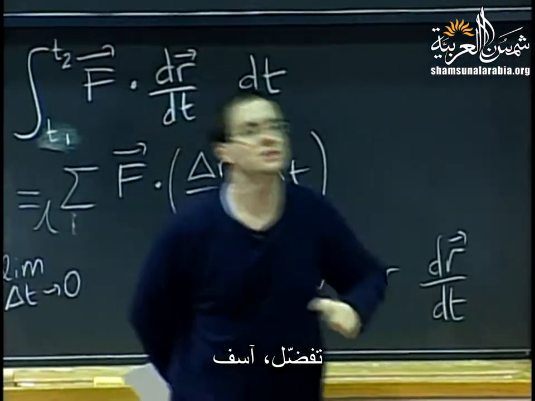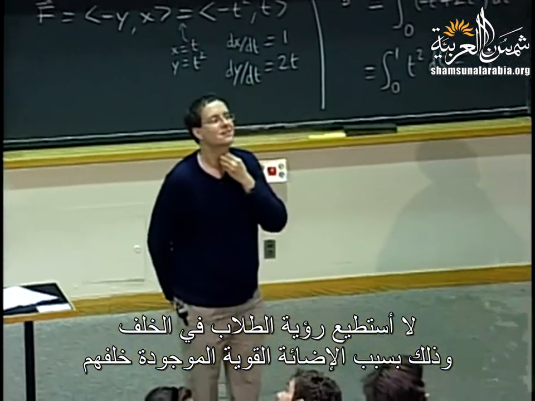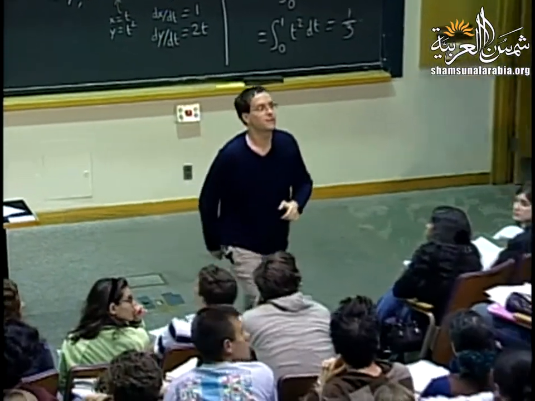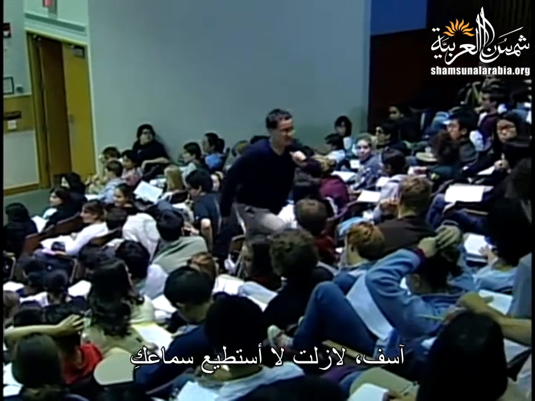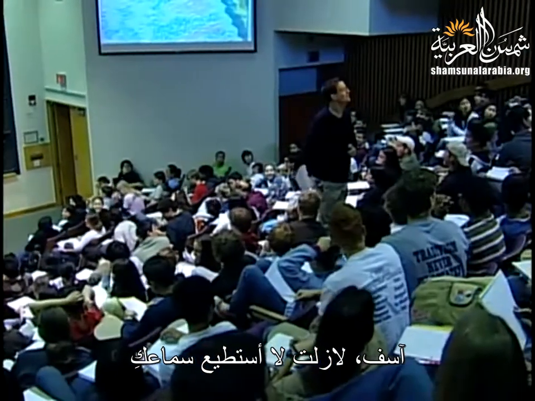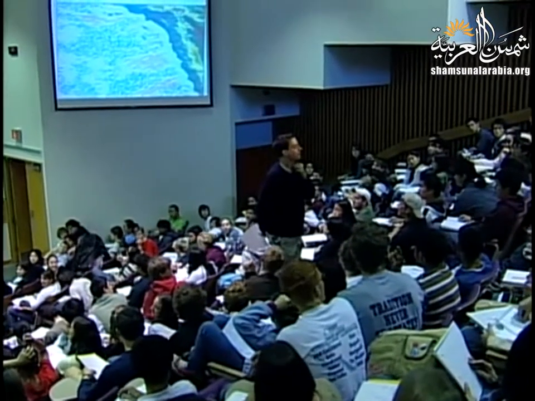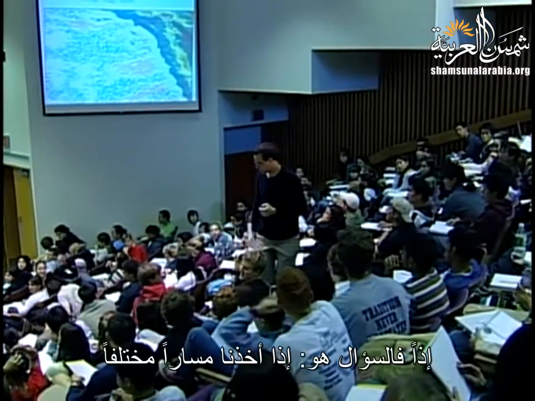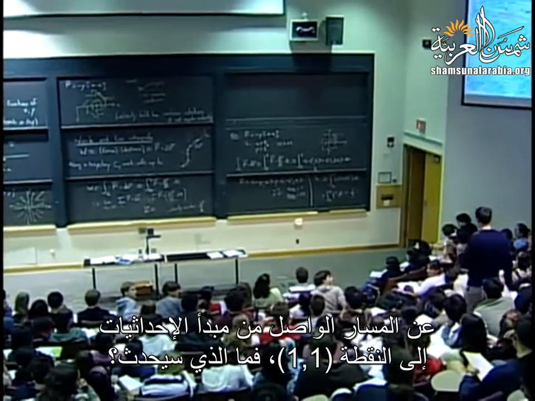Oh, yes, sorry. I can't see people up there because of the spotlights. The question is, if I took a different trajectory from the origin to that point (1, 1), what would happen?